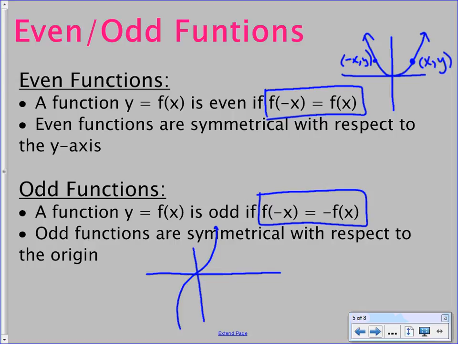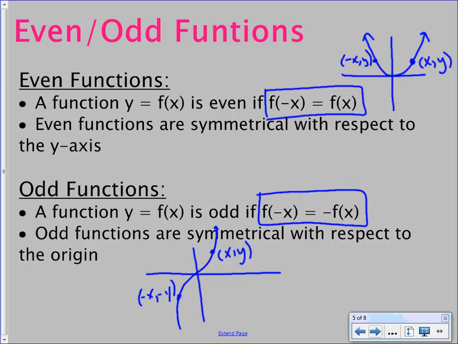So this is what symmetry with the origin looks like. Algebraically, f of negative x is going to be the same as negative f of x. Why does that happen? If I have this coordinate (x, y), then it gets reflected about the origin to (negative x, negative y). So this is where this is coming from.